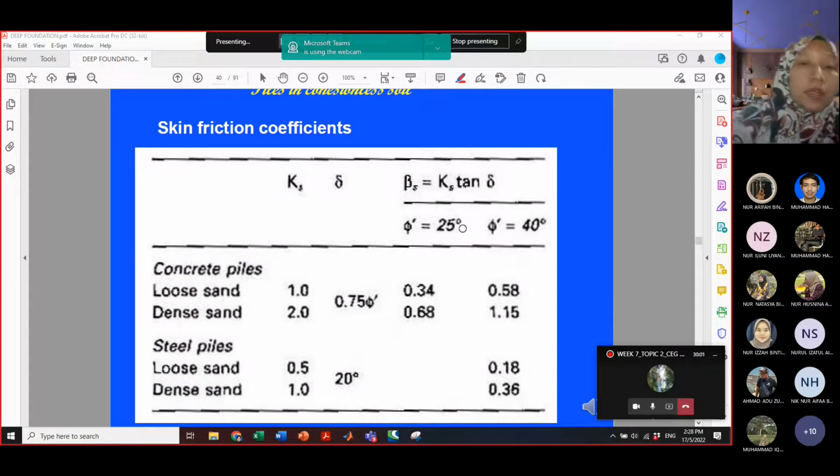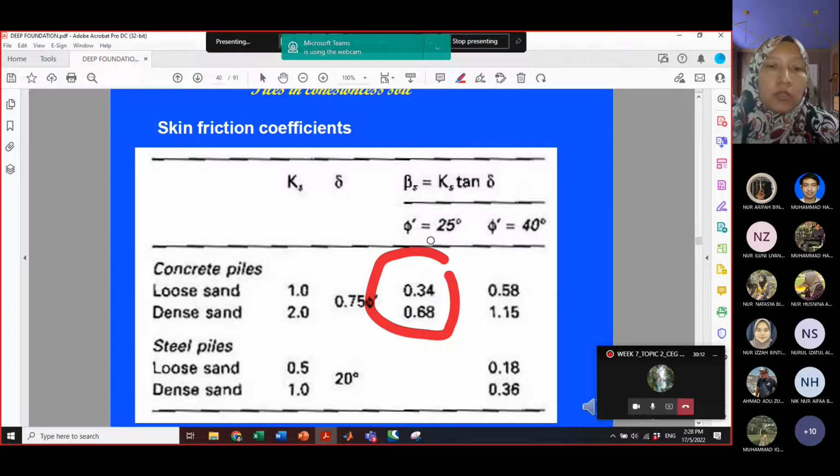Okay, once you have delta, we will estimate the beta S according to this type of phi. If you have phi of 25 degrees, we will use this row, depending on whether your pile is in loose sand or dense sand. If your piles are not concrete but steel piles, you have to look at this bottom table.